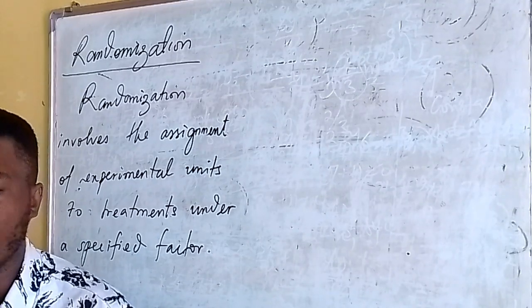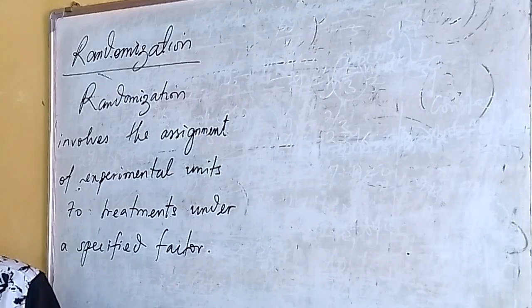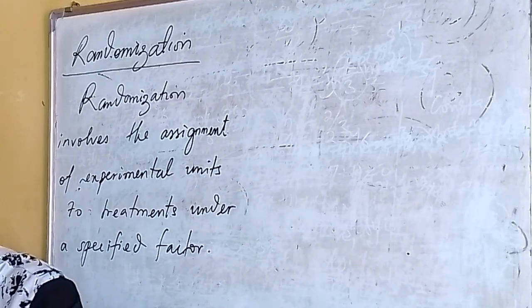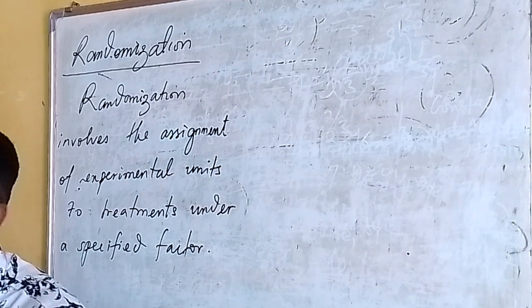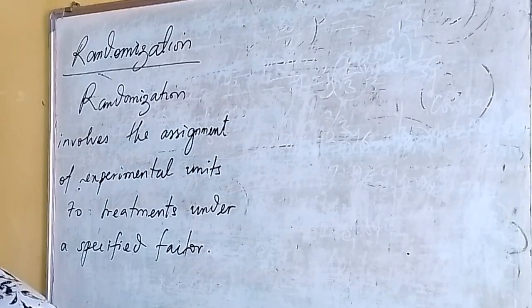You see it? For that reason, you may have an unequal number of weight observations under each treatment. That will give rise to what we will subsequently see as an unbalanced case. You get me? Where the number of observations in each treatment are not the same.